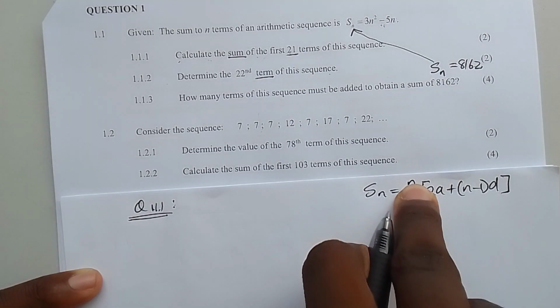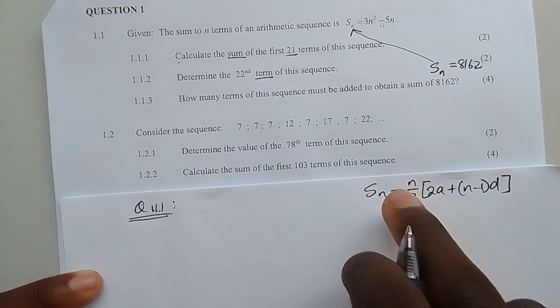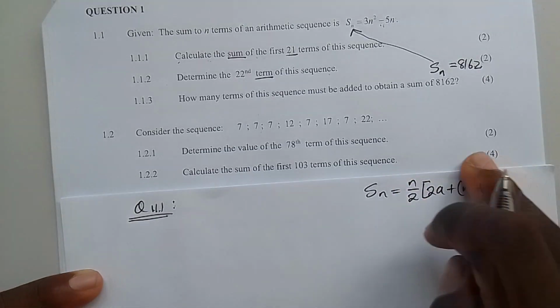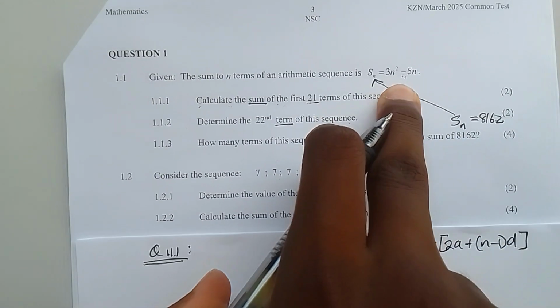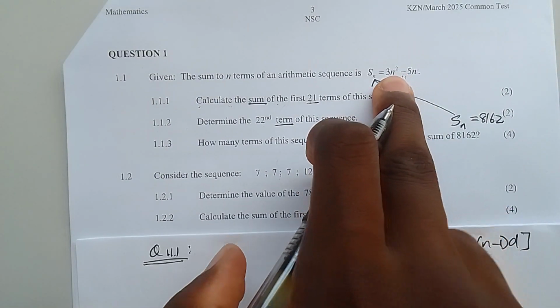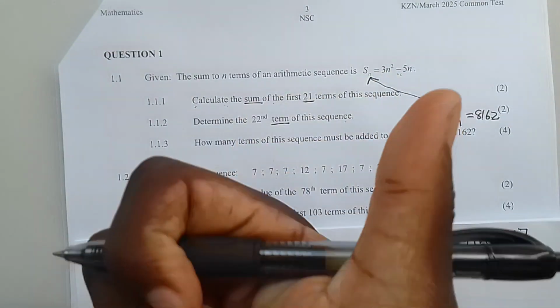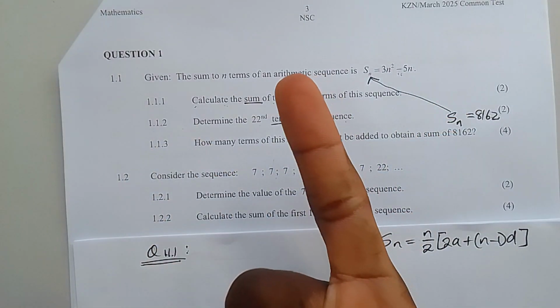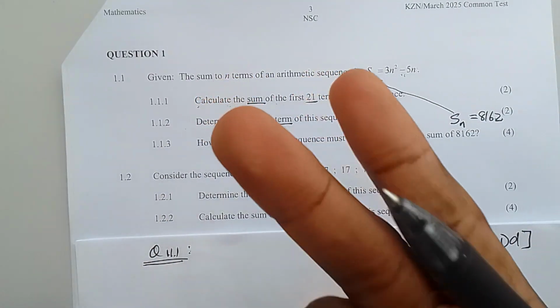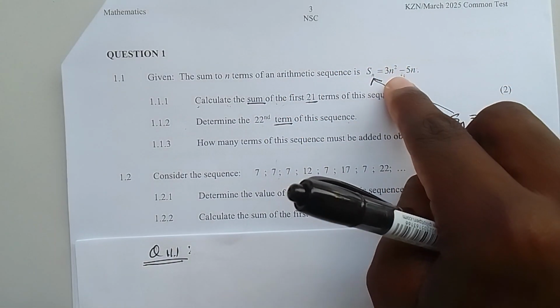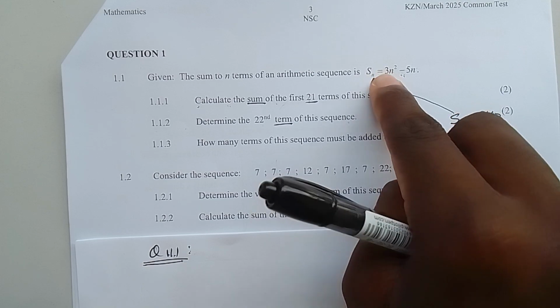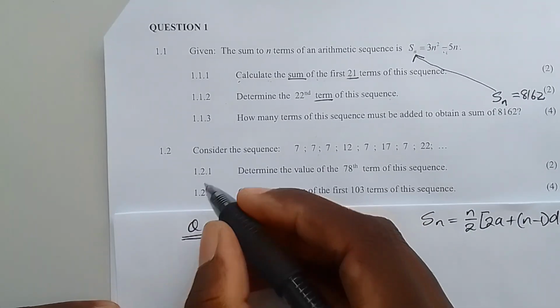Now, they have already substituted all the other things. The only thing left is n. That's why we have this formula. They've substituted d, they've substituted a, they've simplified, and the only thing left for you is to put n. You just need to substitute n and you will get the sum.